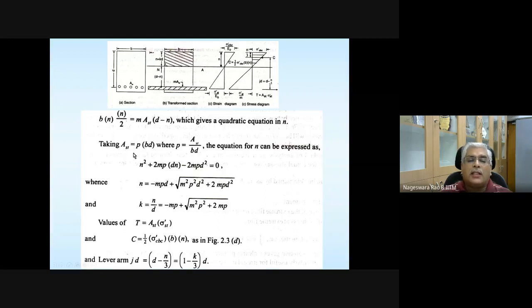If the area of steel is specified like that, as p percent of the cross-sectional area, then Ast is written as p times bd. p is nothing but the percentage of steel with respect to the total cross-sectional area.